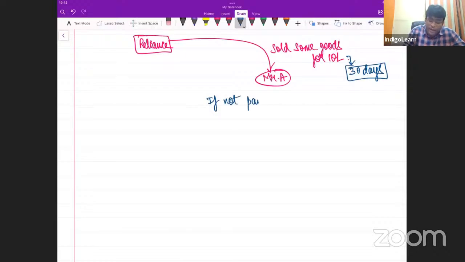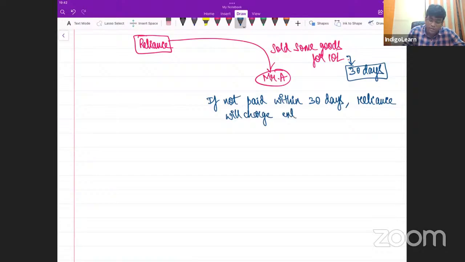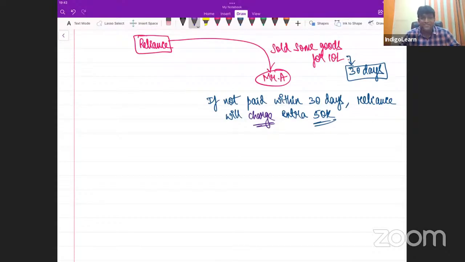And if not paid within 30 days, Reliance will charge an extra 50,000. Now, common sense point, this extra 50,000 they are collecting is something like interest, or any penalty, something like that.